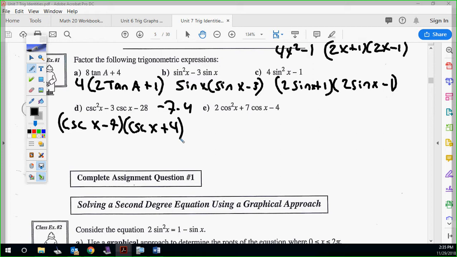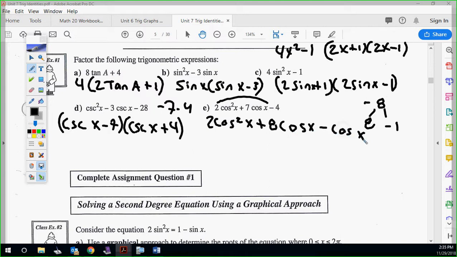Then the last type, the decomposition, which you probably don't like that much. 2 times negative 4 is negative 8. Factors of negative 8 that get you a positive 7 are 8 and negative 1. We break the middle up into those factors. Then we group and take out the GCF.